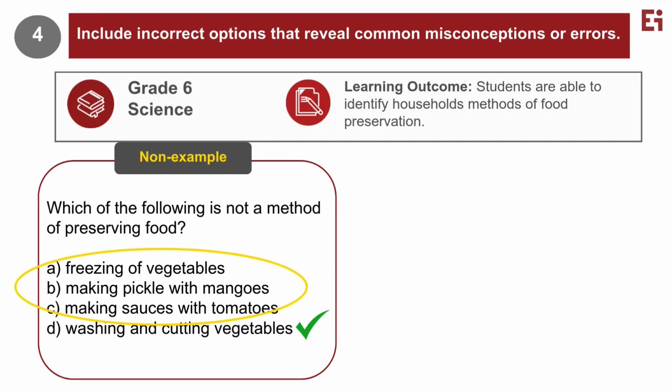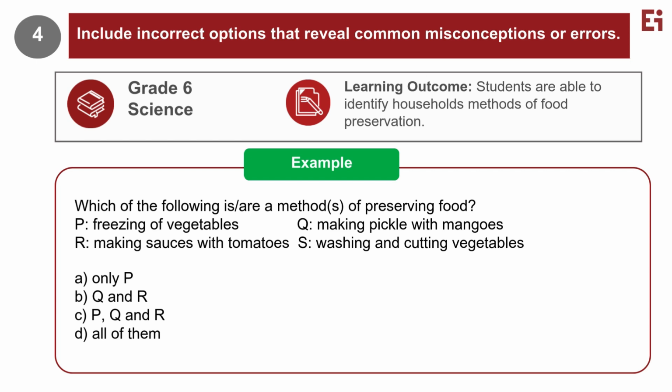Let's look at this question. The distractors are not well designed and do not address common misconceptions. The previous question has been rephrased so that the distractors can provide insights into students' misconceptions. If the students believe that preservation can happen only through refrigeration, they would choose preserving food.